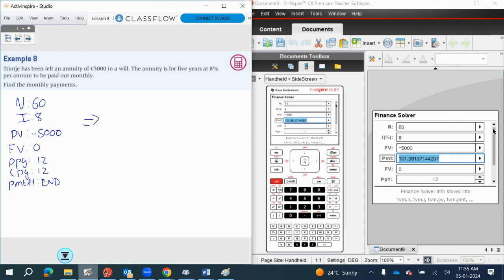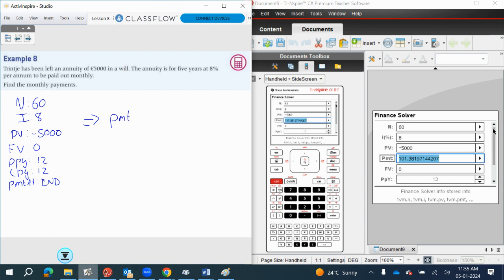This gives us the payment. Notice how the payment is positive. Remember, we always put money into the bank as negative. This time the payment has come out of the bank. So the calculator shows it like our pockets. If it's leaving the pocket, we put negative. If it's coming into our pocket, we put positive.